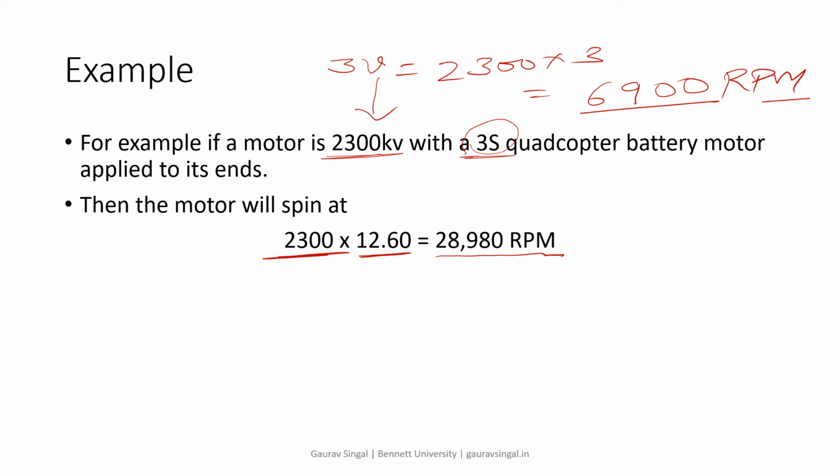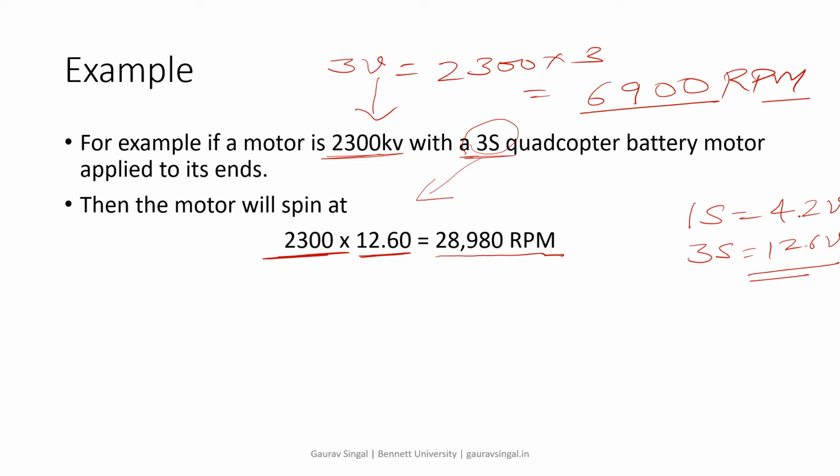What is the input voltage of a 3S battery? Generally a 1S battery gives you 4.2 volt, so 3S will give you 12.6 volt.